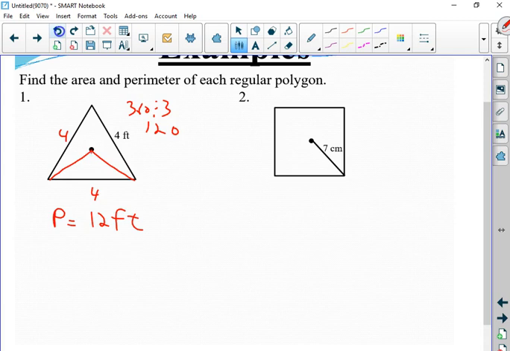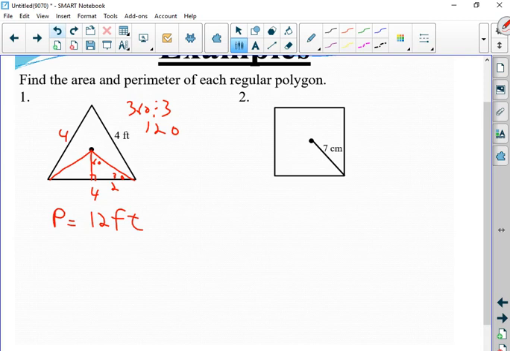We're going to drop down our apothem, which would make this 60. Here we have 90, and here we have 30, and so therefore, what do we have? A 30, 60, 90 triangle. Now, there's not a lot of room here to fill in, so if each side is 4, we know this is 2 right there.